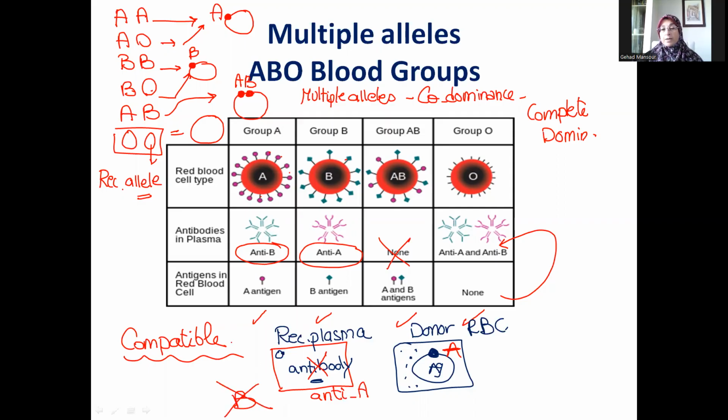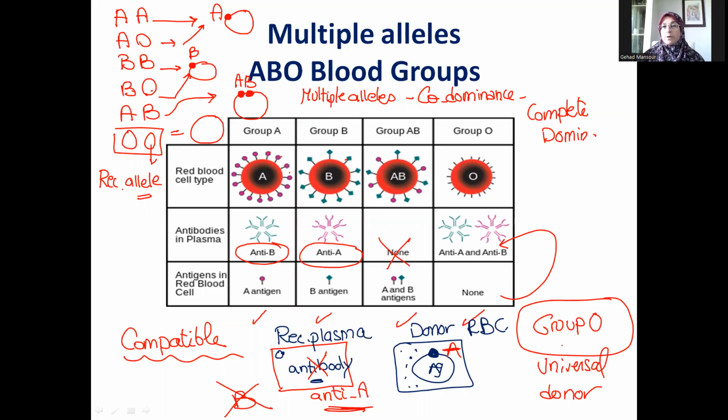You cannot be of blood B. So blood group B cannot receive from A. And as you know from our study in biochemistry, since group O does not have any antigen on the red blood corpuscles, group O can be considered a universal donor, because whatever the antibodies in the plasma of the recipient are, group O doesn't care about this because it does not have antigens. So group O is a universal donor.